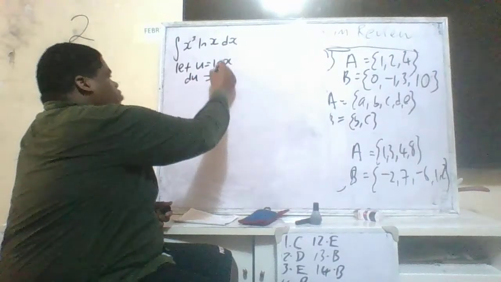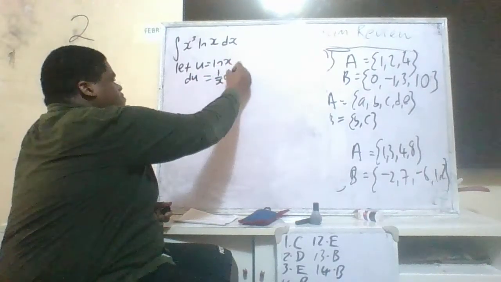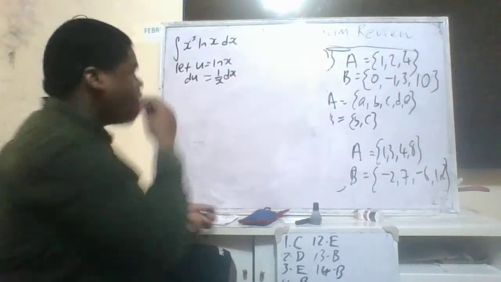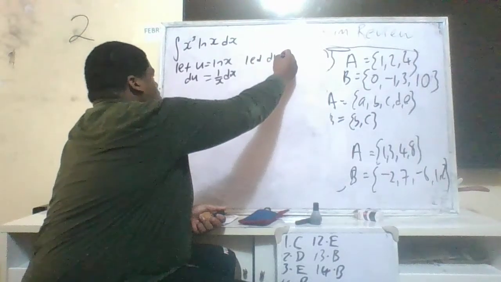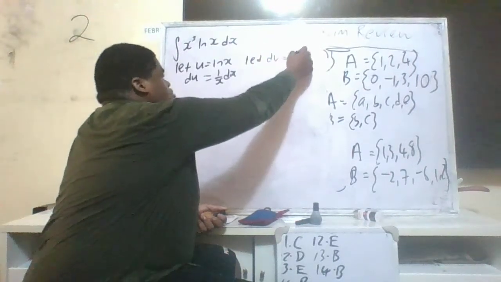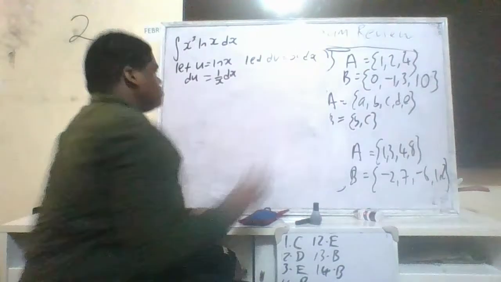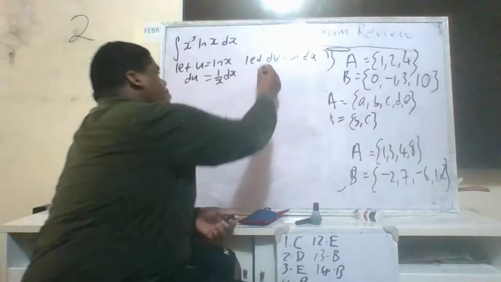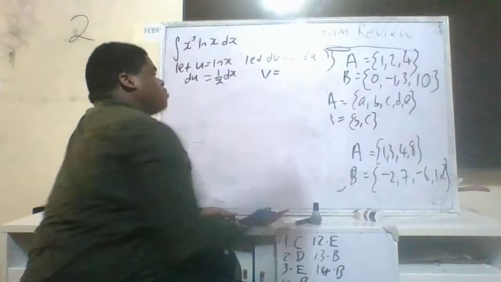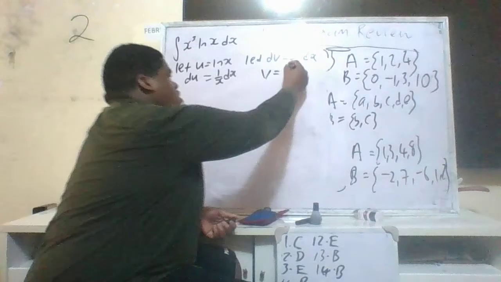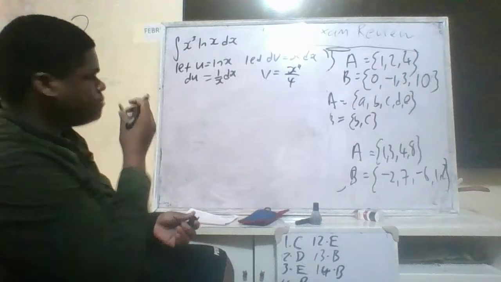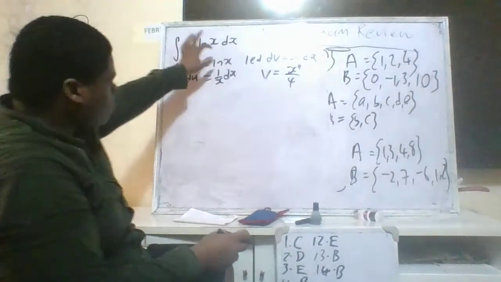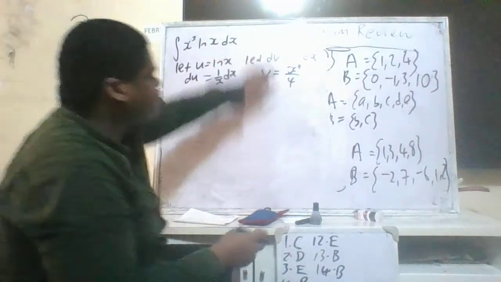Then du is going to equal 1 over x dx. Let dv equal x to the power of 3 dx. Then v will equal x to the power of 4 over 4. We differentiated one of them and we integrated one of them.